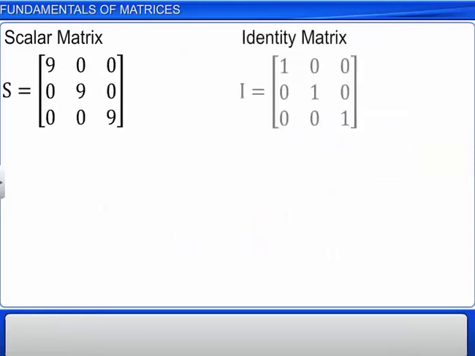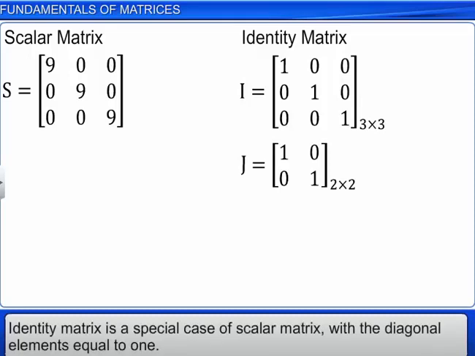In a scalar matrix, if all the diagonal elements are equal to 1, then the matrix is said to be an identity matrix. Identity matrices of order 2 by 2 and 3 by 3 are shown here. Identity matrix is a special case of scalar matrix with the diagonal elements equal to 1.